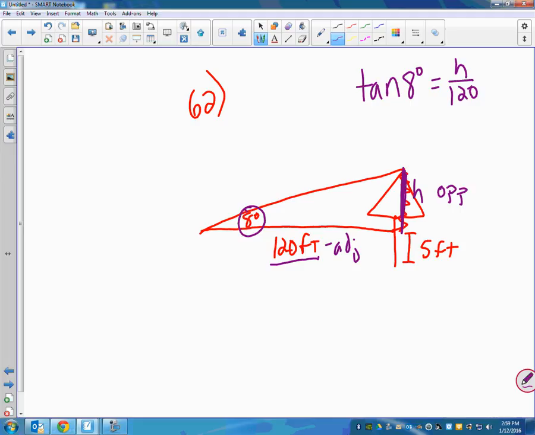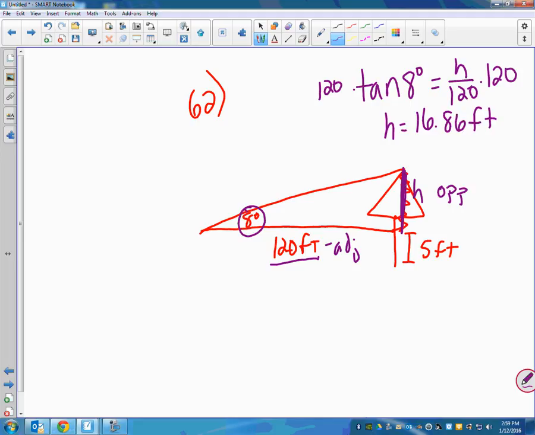And then I want to make sure that I'm in degree mode on my calculator when I'm multiplying 120 over. I'm just typing that in on my calculator, and I get 16.86 feet.